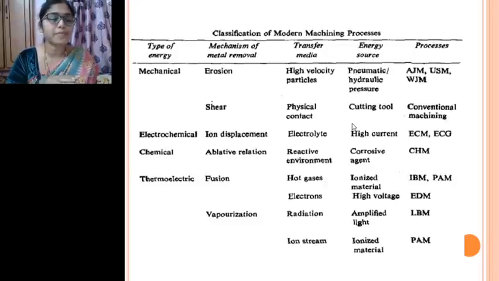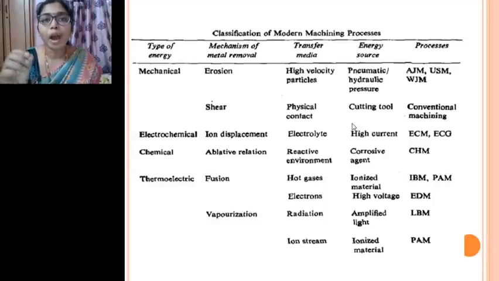You all might have seen a grinding stone for sharpening a knife. That stone consists of some hard particles in it, like silicon carbide, which are sand particles, right? In the same way, there are different types of abrasive particles.